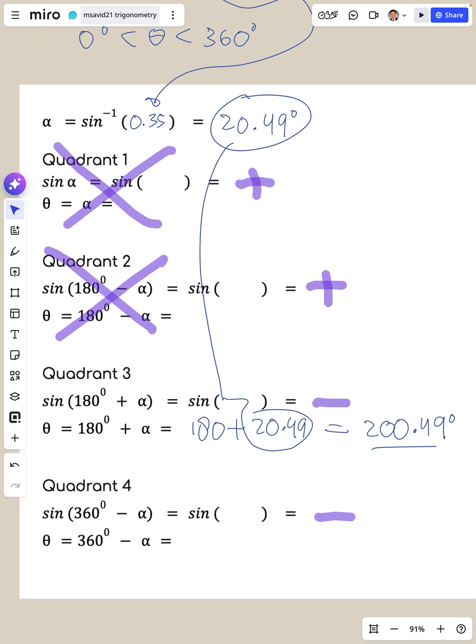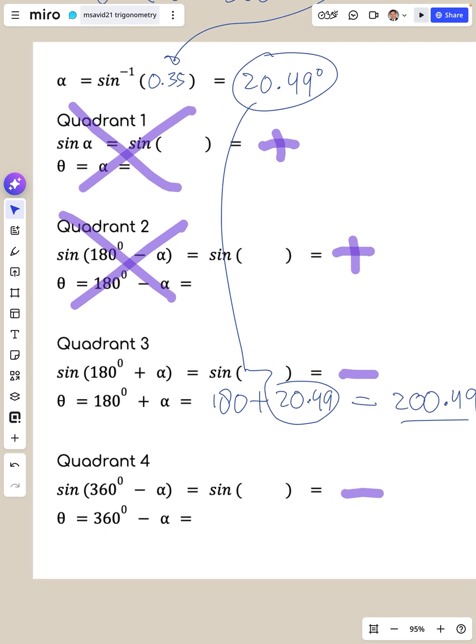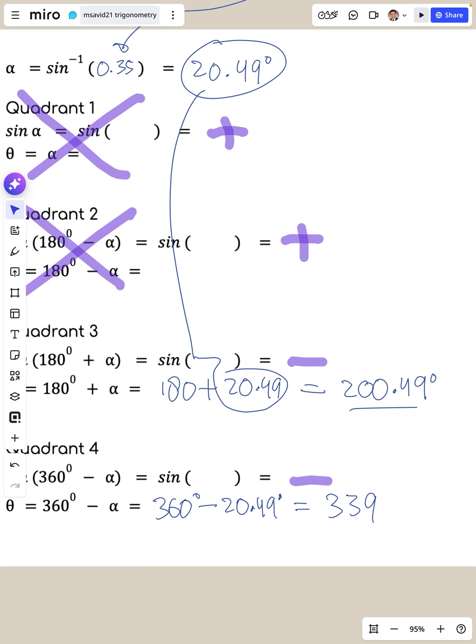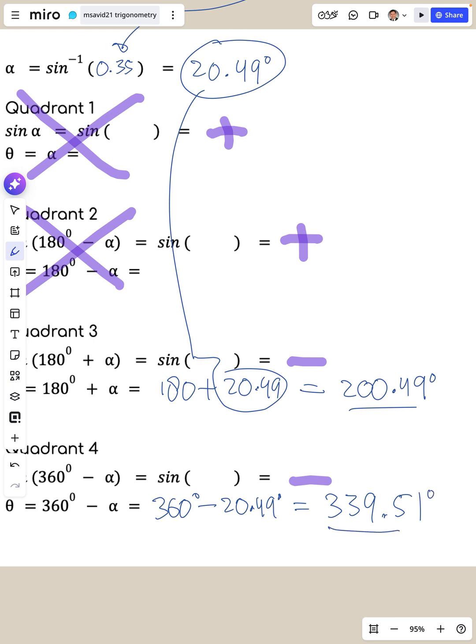If you just give one of the answers here, you're not going to get full marks, maybe half. You must do quadrant 4 also, which is 360 minus alpha. 360 minus 20.49 degrees. And how much do you get? 360 minus 20.49, you're going to get 339.51 degrees.